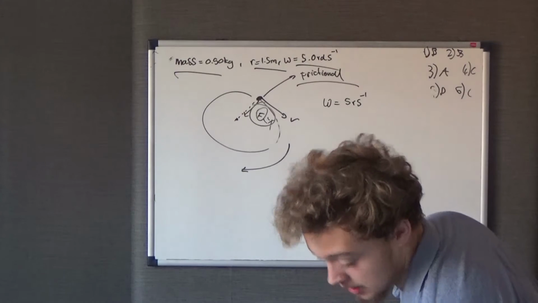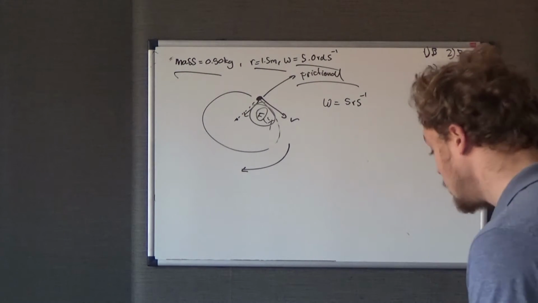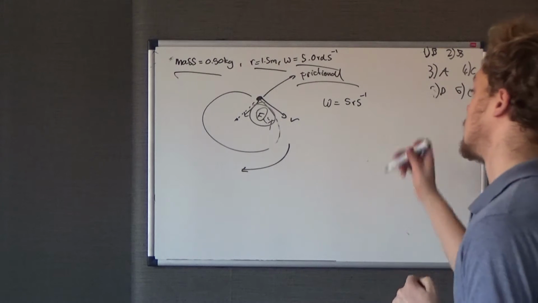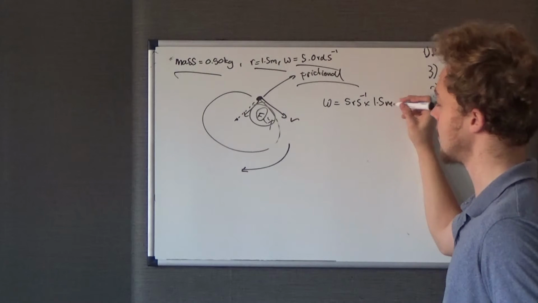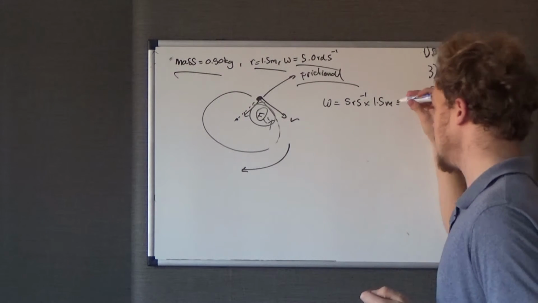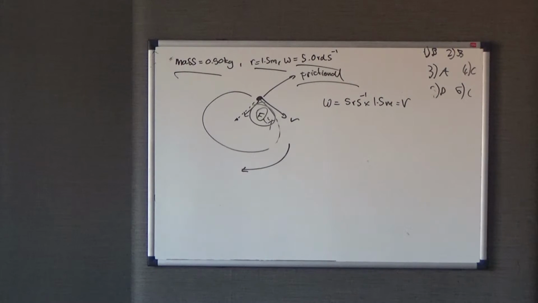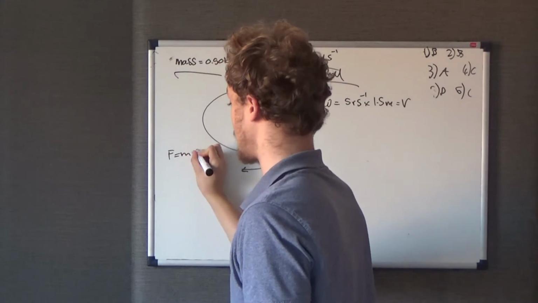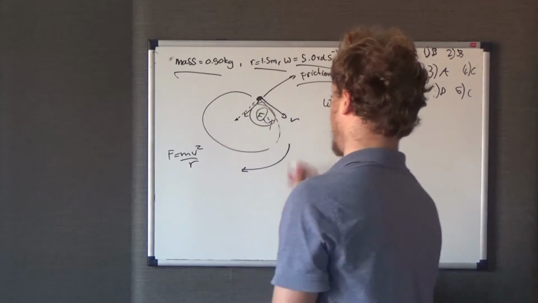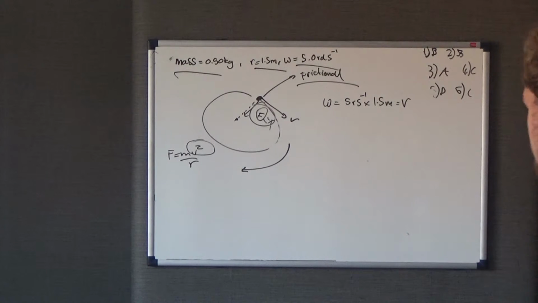And that is equal, as I said, to the velocity divided by the radius. If we multiply that by the radius of 1.5 meters, we will get the speed, the velocity. The reason I'm doing that is because we want to work out F equals mv squared over r for the tension, and therefore we need the velocity.